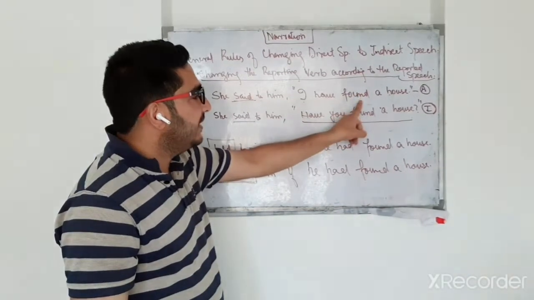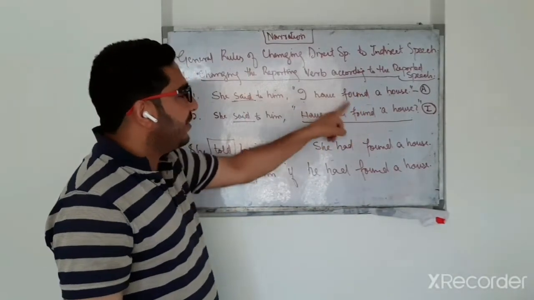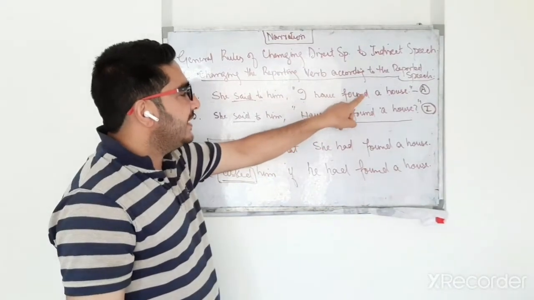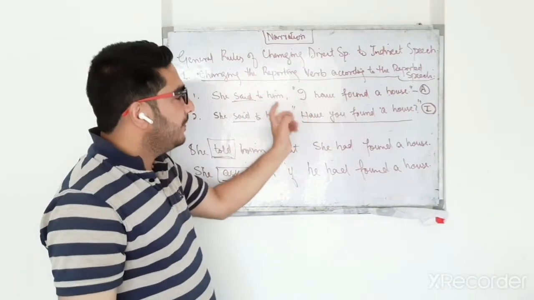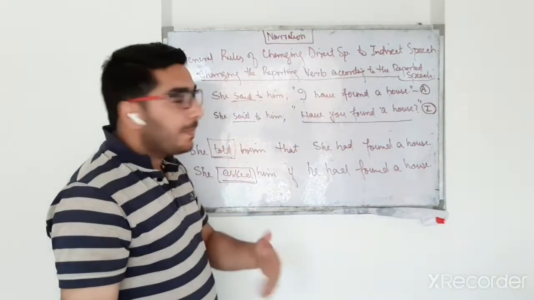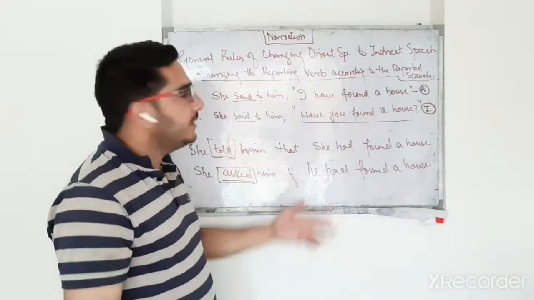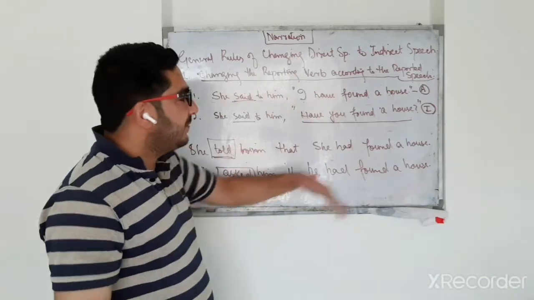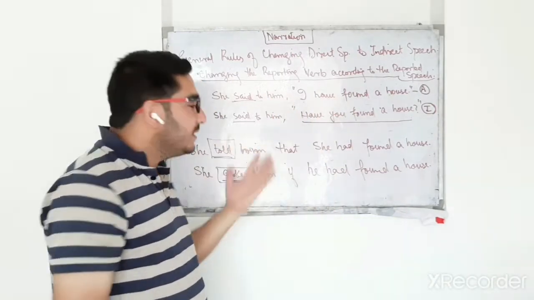What kind of sentence this is matters. If it is an assertive sentence, it will change into, for example, told, replied, asserted. If it is interrogative, it will change differently. If it is optative, it will change differently.